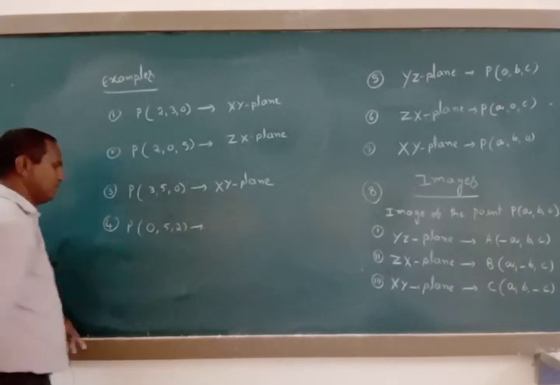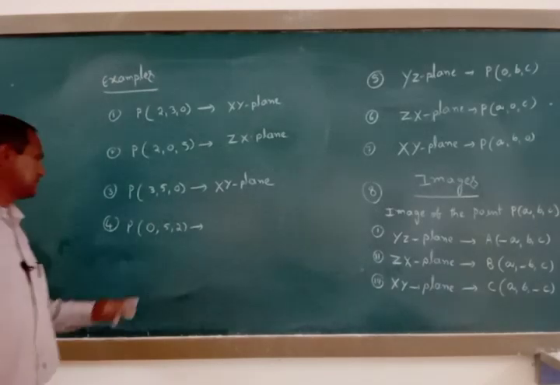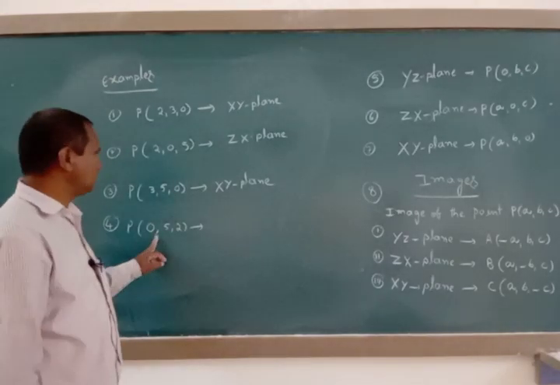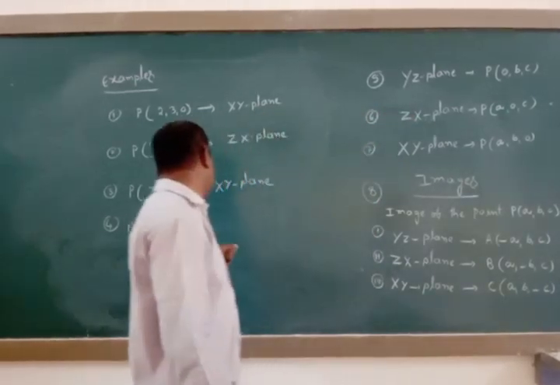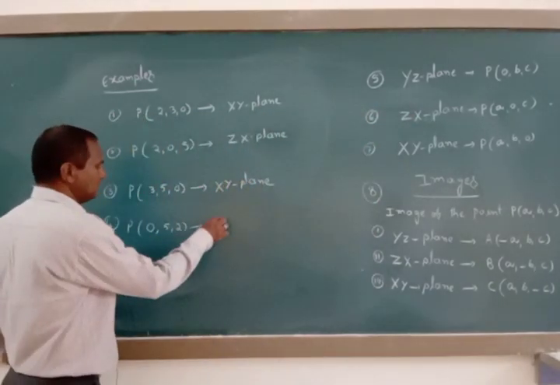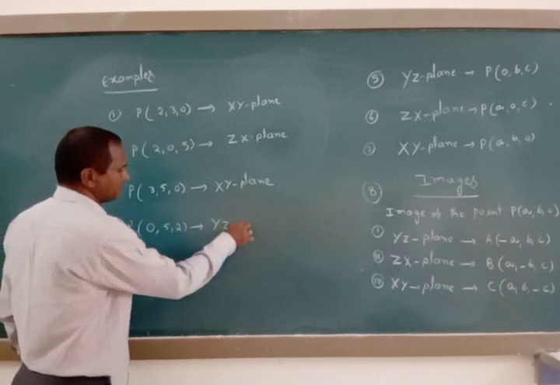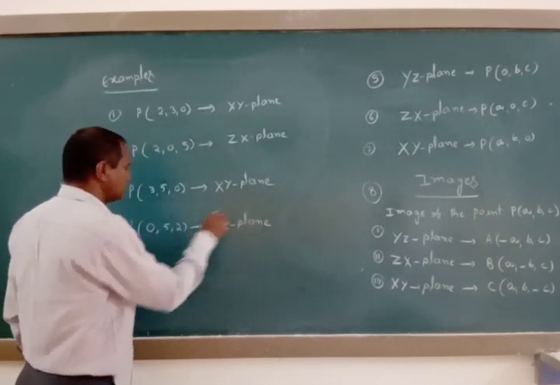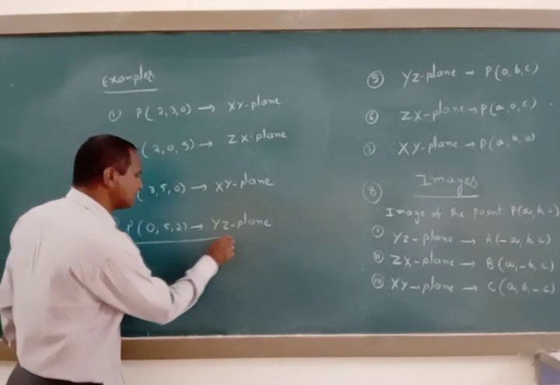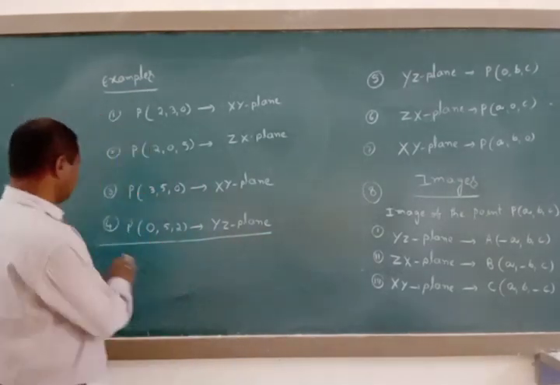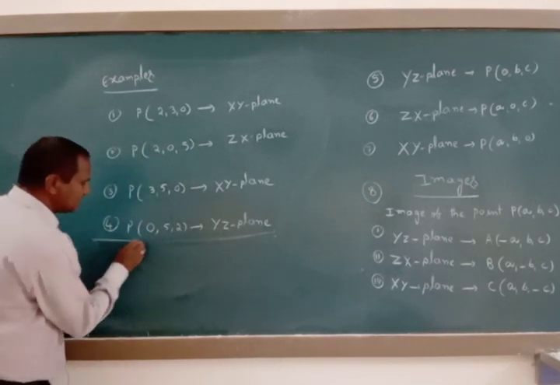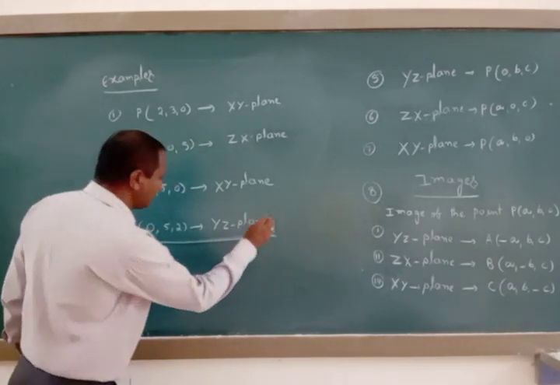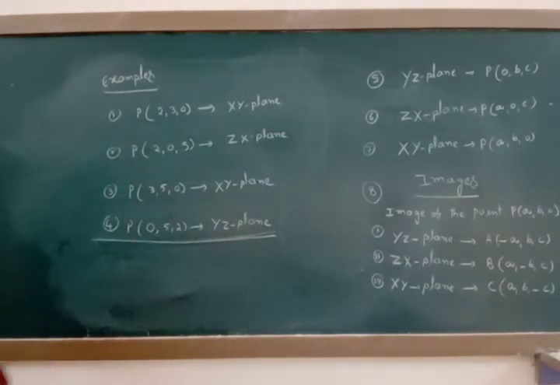X is 0, so this point is lying in the YZ plane. These are the examples on planes, where the points lie on which plane. Which plane means according to which coordinate is 0. Based on that, we can allot the plane to the given point.